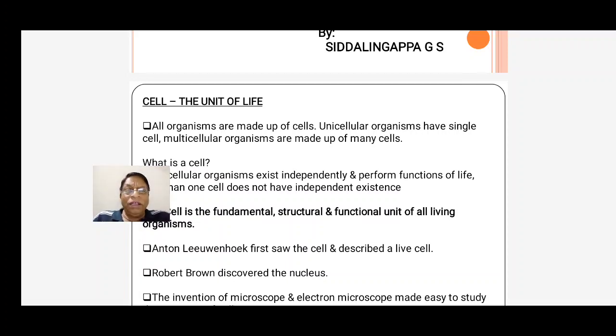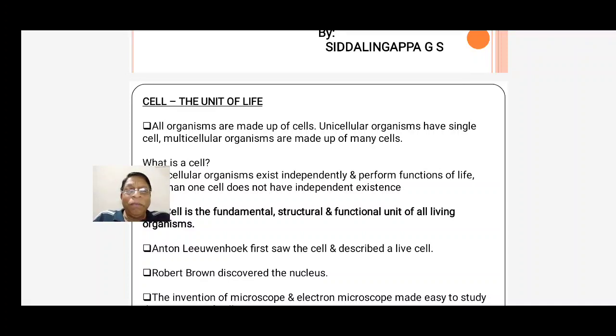So cell is the fundamental structural unit of life. Not only the structural unit of life, functional unit of life also. How is it the functional unit of life?